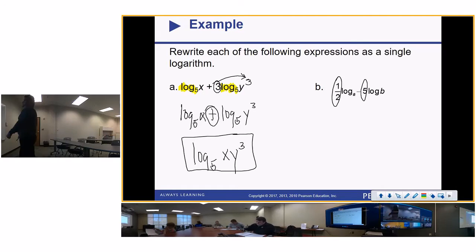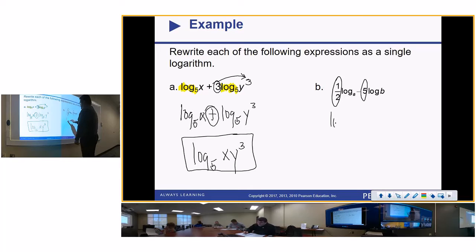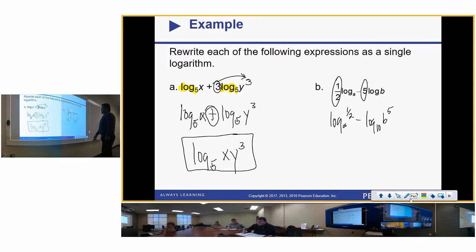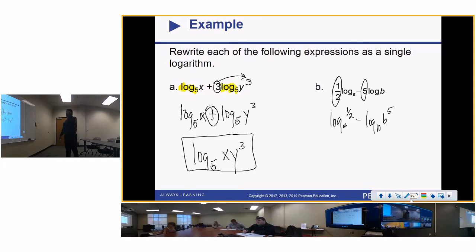Okay? So now we've got log base A of what? 1/2 minus, well, we're not going to be able to use it. No, we're not. Log base 10 of B to the what? Now we cannot use the quotient rule. Why not?